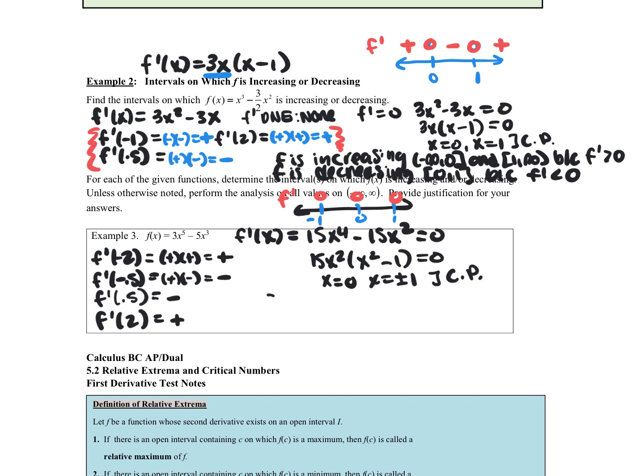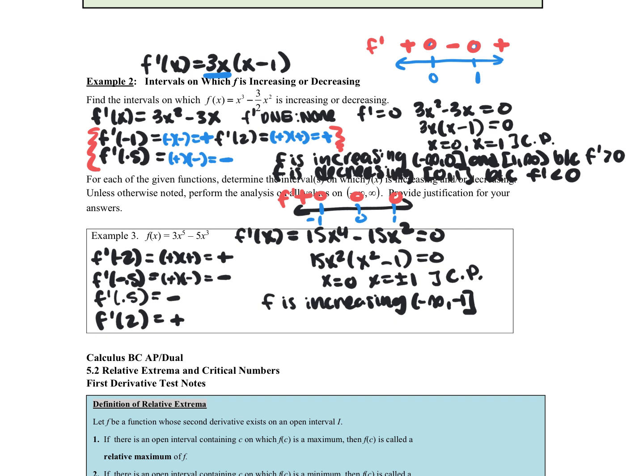So on what intervals is f increasing? Well, we know it's positive when we plugged in negative 2, so that's going to be everything before negative 1, right? So it will be increasing from negative infinity to negative 1.